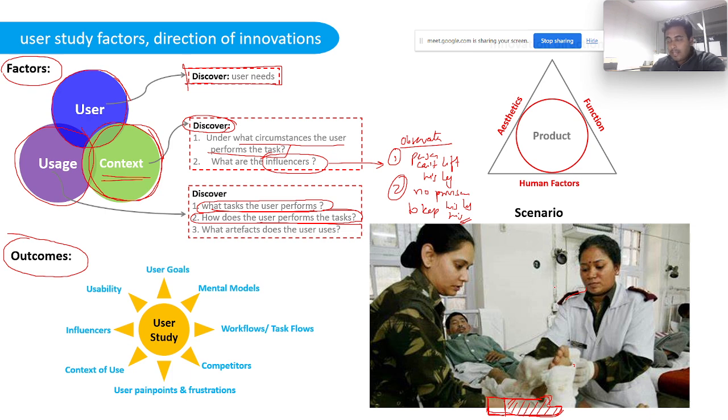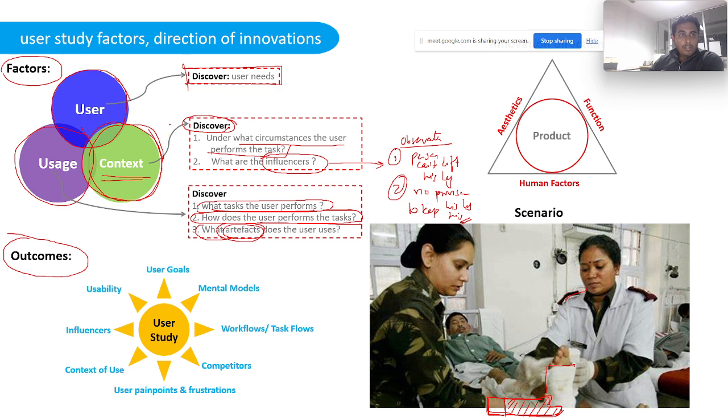We collect information at a very minute, atomic level, where we try to understand how activities are carried out, how these activities are connected, what the influences of these activities are, how these activities have been planned by the user, and how the actions take place. All sorts of information we collect in great detail in a user study. Along with that, we also collect information about the various tools and techniques that are necessary for doing a particular task in a scenario.